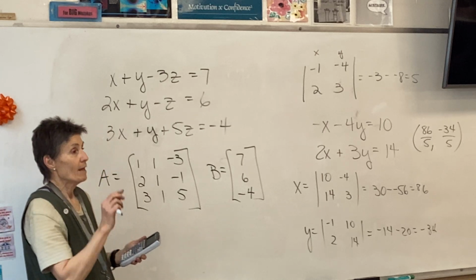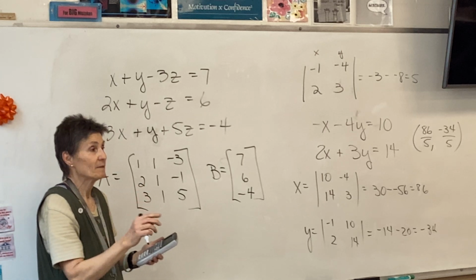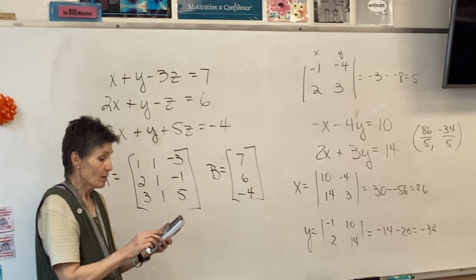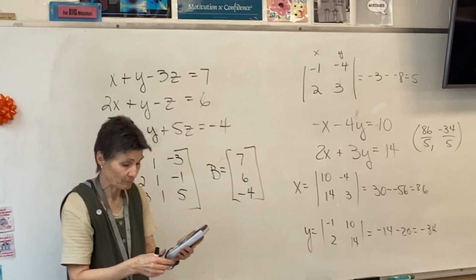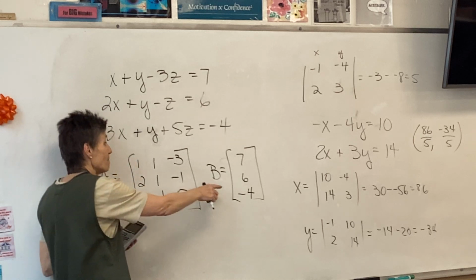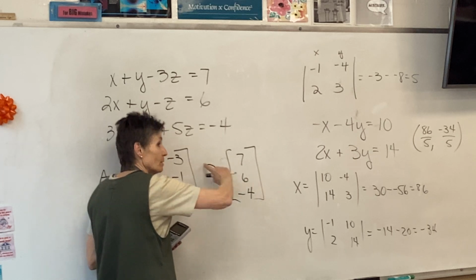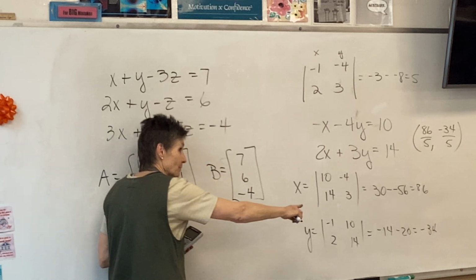Second quit. And then go right back in, so second matrix, edit, go down to B. And what are the dimensions of matrix B? How many rows? 3 by 1.